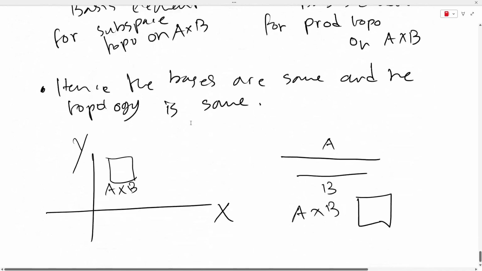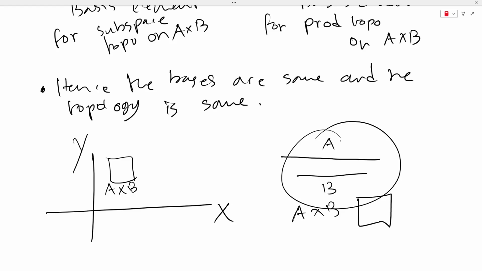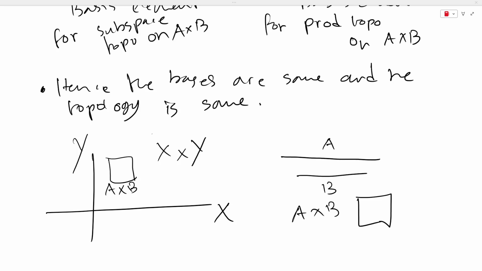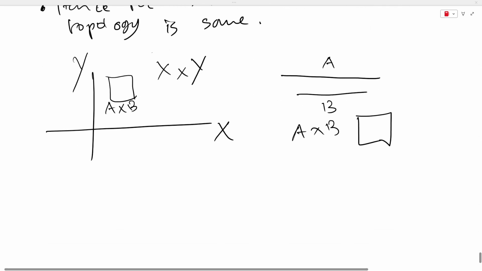If you take the product of these two subspaces, this will be the same subspace that you find in the product topology. So it should be pretty intuitive to think about.